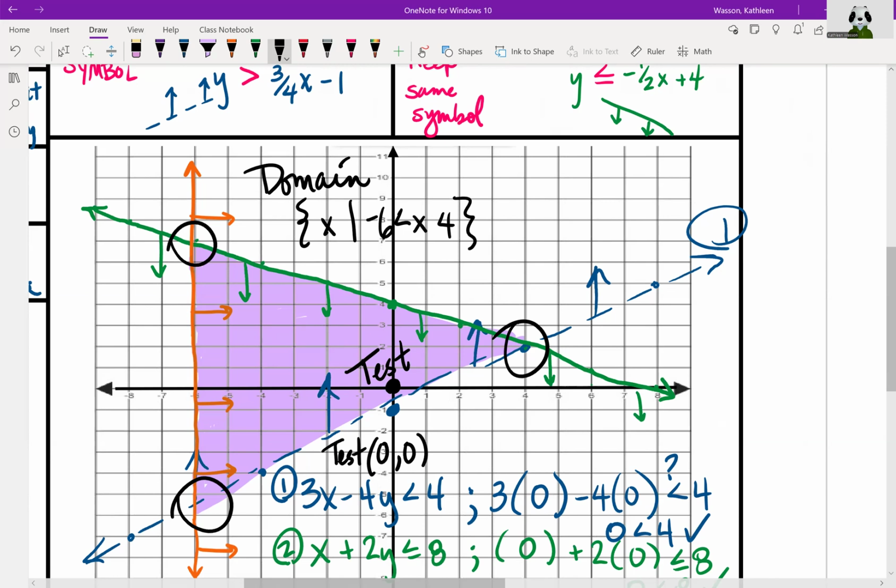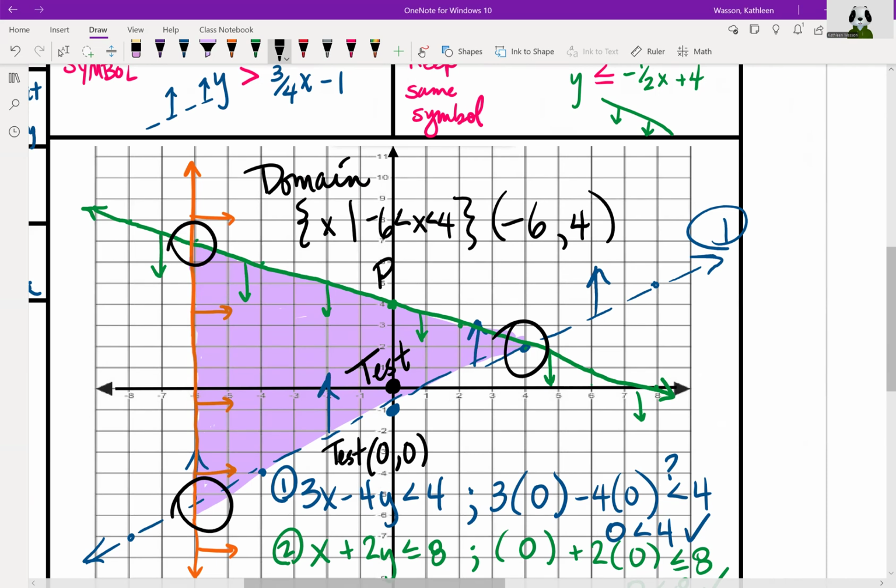Because I have an intersection of a solid and a dashed line to the lower left, I can only use a less than. Any point on a dashed line is not a solution. Also, on the right boundary, I have a solid and a dashed line. And so that is also just less than, not equal. When I write this in interval notation, I'll write -6 with parentheses and 4 also with parentheses.